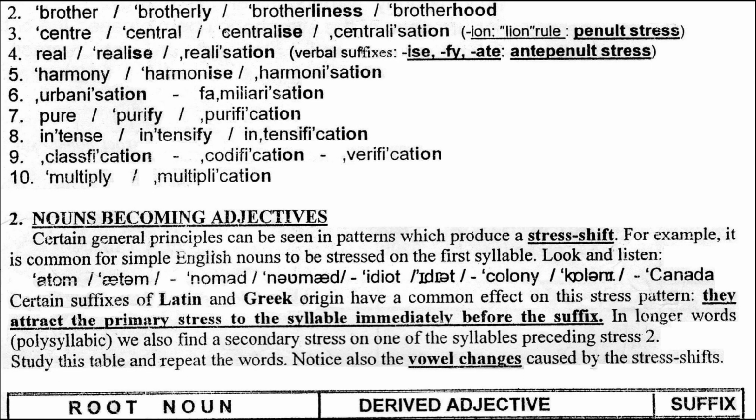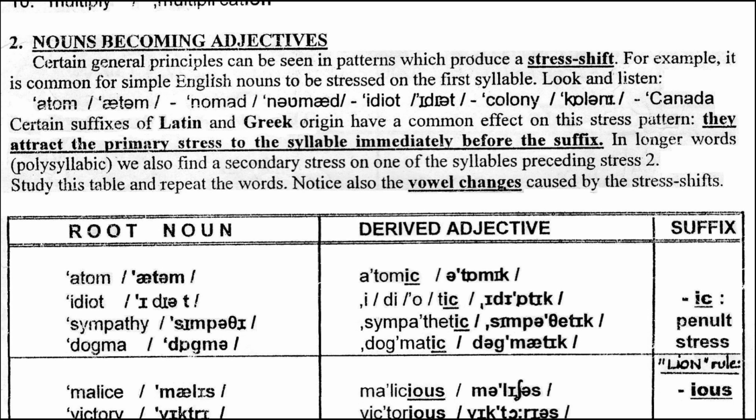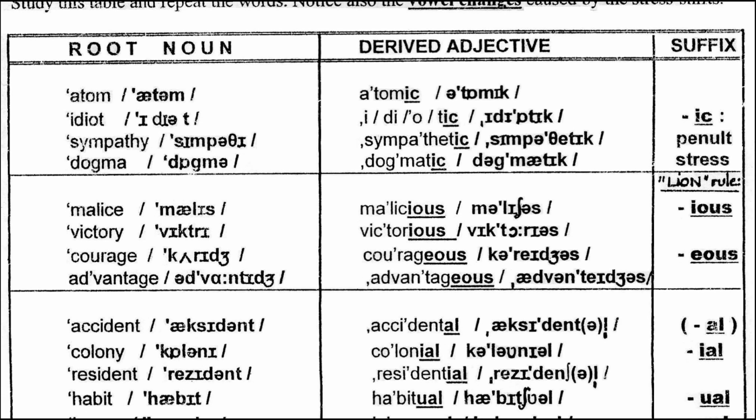So now we have as well stress shifting suffixes, and now we have nouns becoming adjectives. The root is a noun and the derived word is an adjective, formed by adding a suffix. Those suffixes are all stress shifting suffixes.